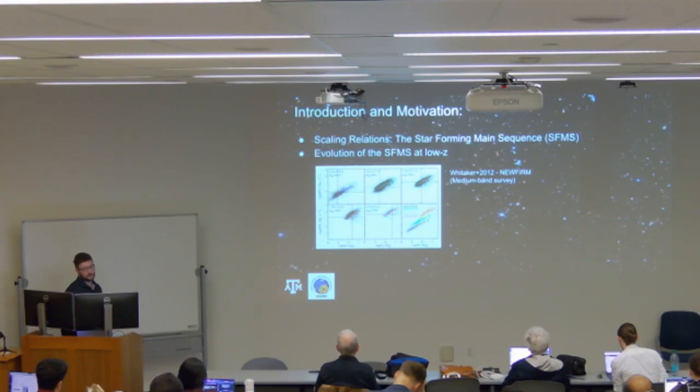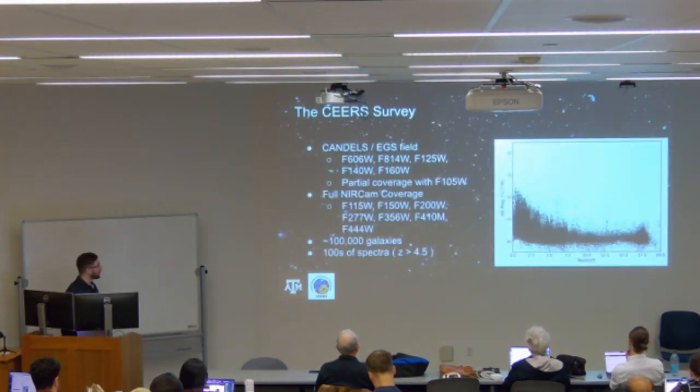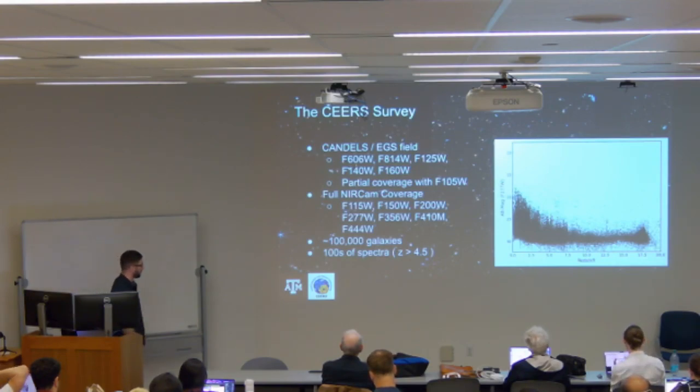We've done this out to roughly redshift 2, 2.5 using medium band surveys, and we've attempted to push this out to high-ish z using surveys like CANDELS. But the problem is that we run into these low number statistics, and that's really where the CEERS survey allows us to enter this higher redshift regime.